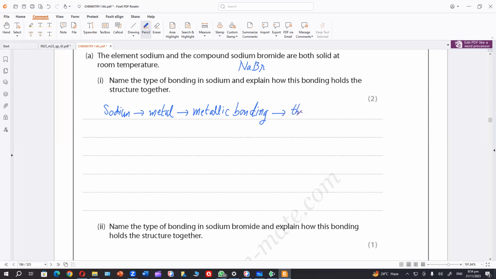Basically, you have to say metallic bonding, and then say that metallic bonding is when there are positive ions and delocalized electrons that have electrostatic forces between them holding it together.